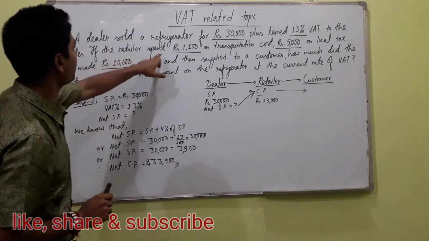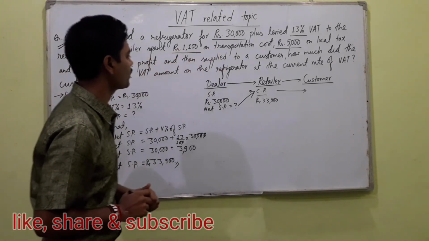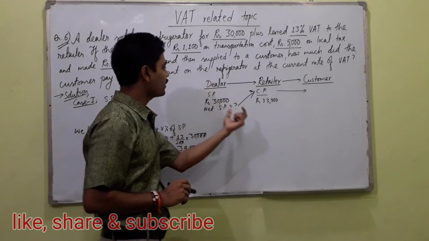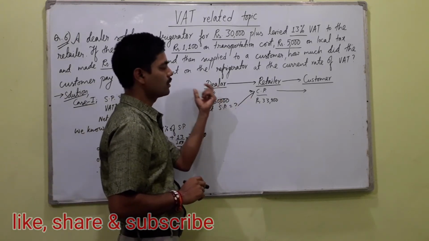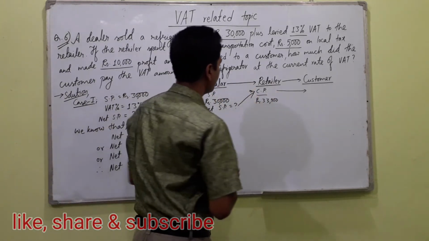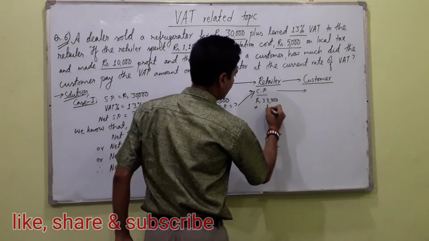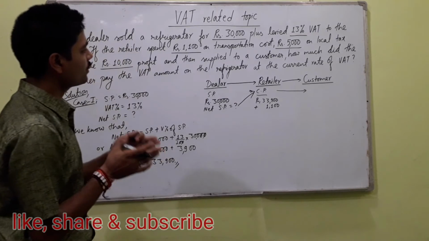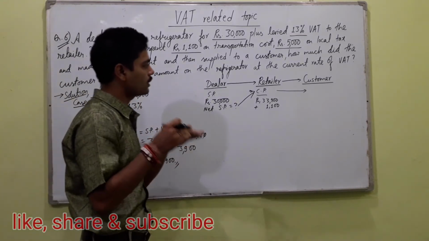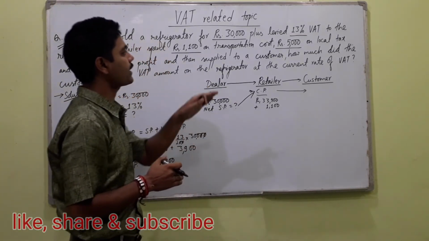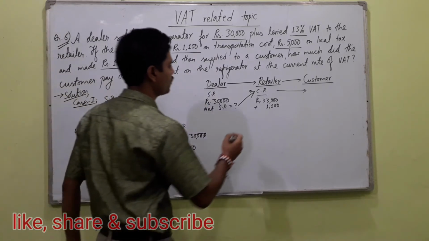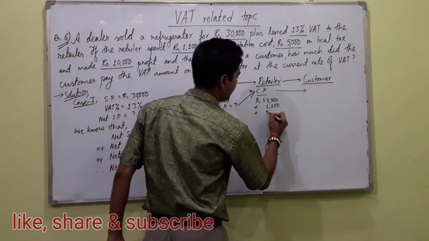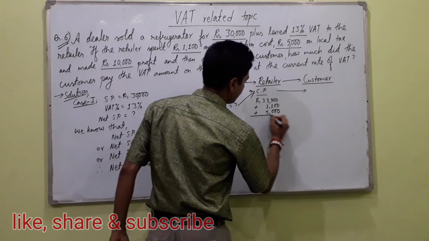Say the retailer spent 1,100 on transportation, because to bring the refrigerator from the dealer's shop to the retailer's shop there is an extra cost levied on it, that is 1,100. And when the retailer has brought the refrigerator to his shop, he has to pay local tax to the local government, that is rupees 5,000 on selling the items.